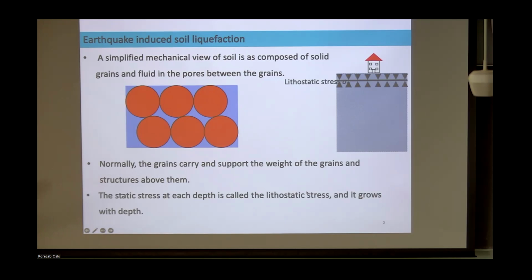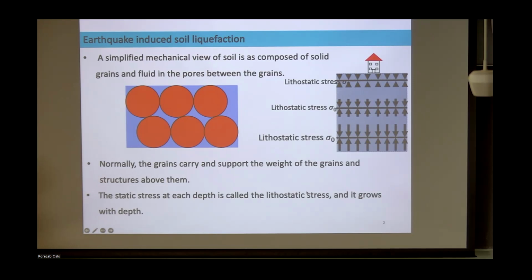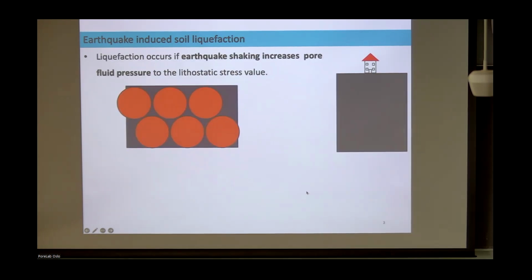The static stress at each depth is called the lithostatic stress, litho for rock, and it increases as the weight increases. Liquefaction is a process that occurs during earthquake shaking, and due to some process that we'll discuss, it increases the pressure of the fluid between the pores.